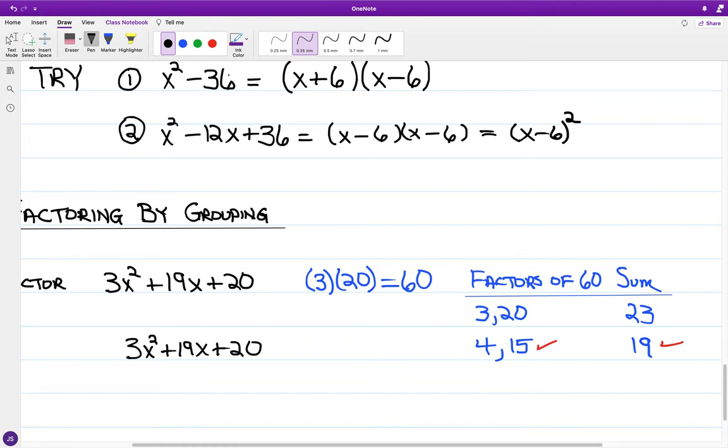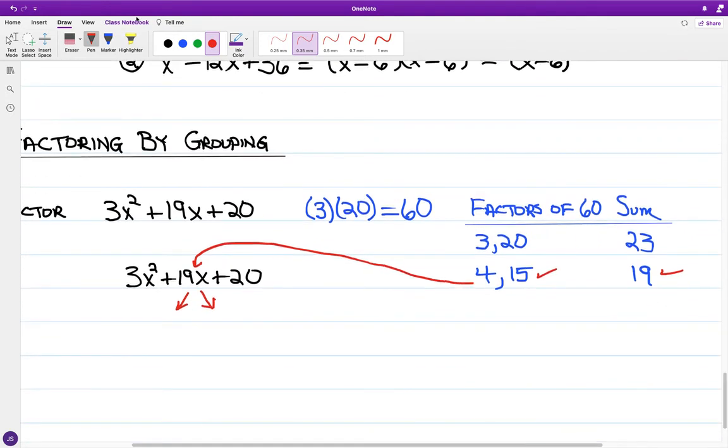Since this is the combination here, 4 and 15, and it doesn't matter what order you place them, they're going to be x terms that will be formed upon splitting the first order variable term in the middle.